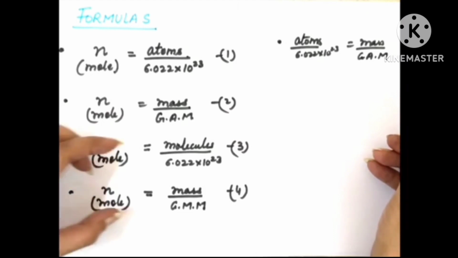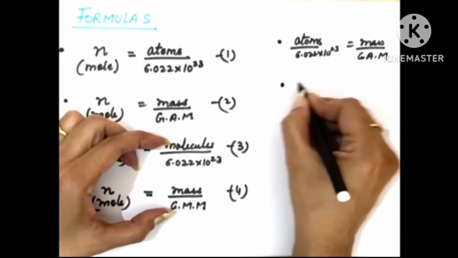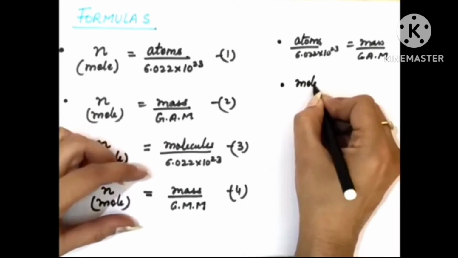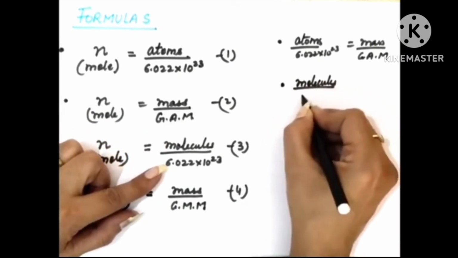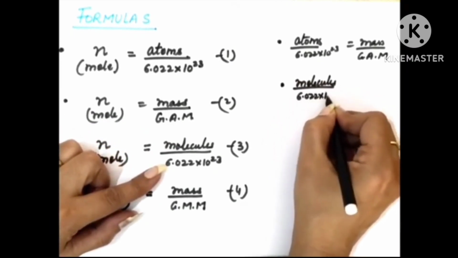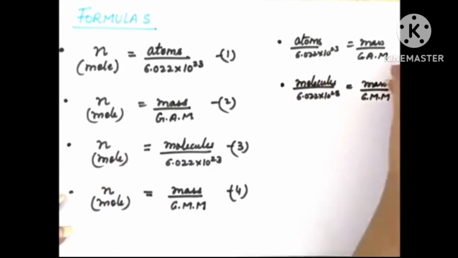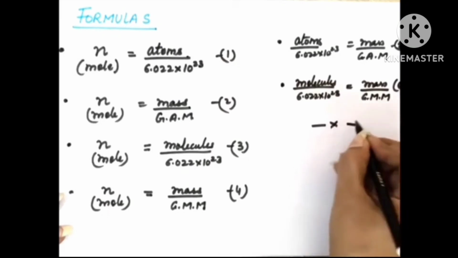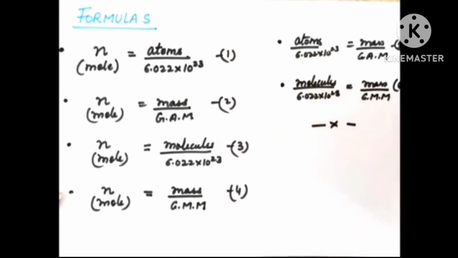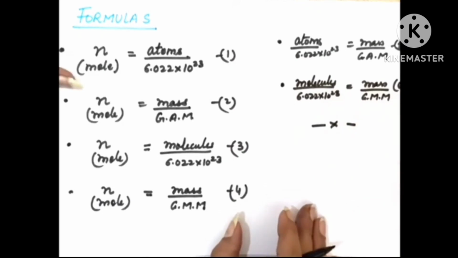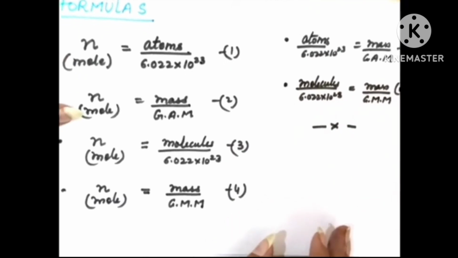So if these sides are equal, these two also will be equal to each other. So we are getting the sixth formula: molecules upon Avogadro number equal to mass upon gram molecular mass. So this is the fifth formula and this is the sixth formula. Many numericals we can solve using these formulas directly, or sometimes we need to use the unitary method also. So let's start with the questions after these formulas.